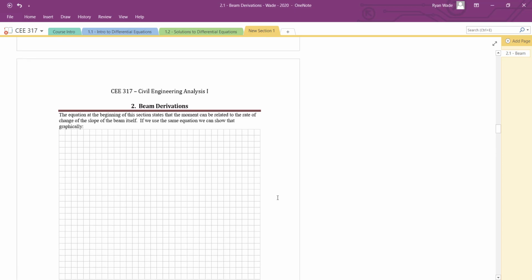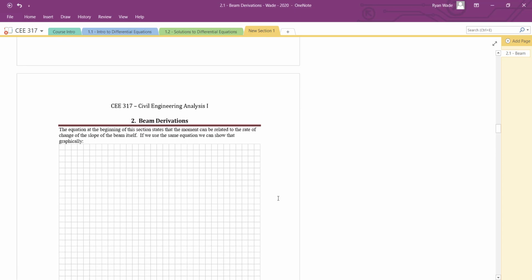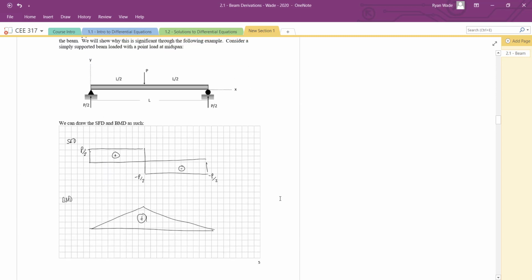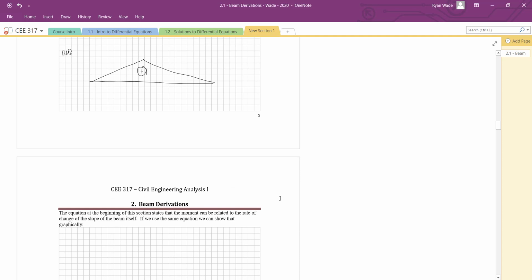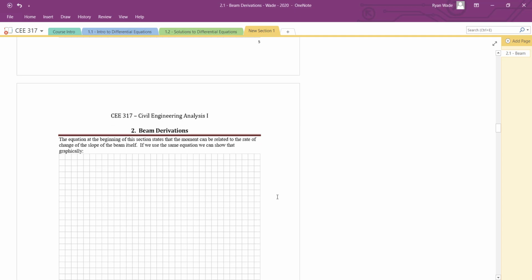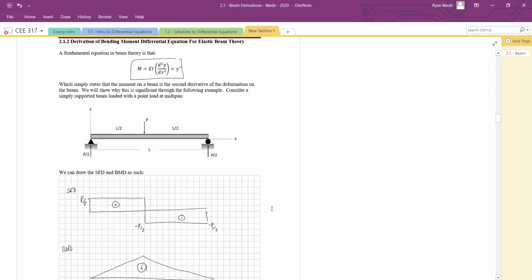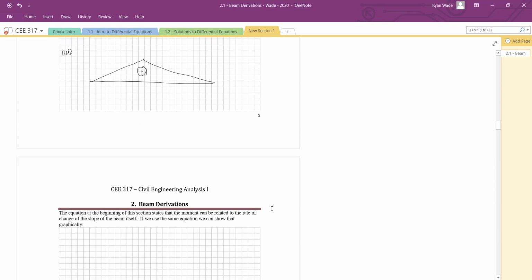When we're looking at the shear force and bending moment diagram, that original equation said that we can state the moment as the rate of change of the deformation, the second rate of change of the deformation.